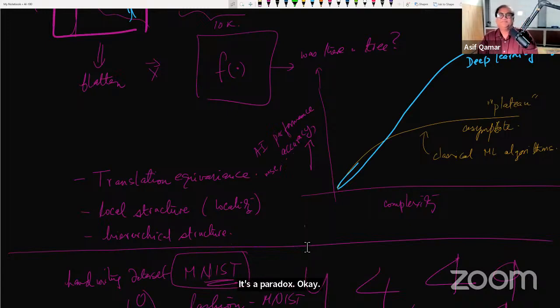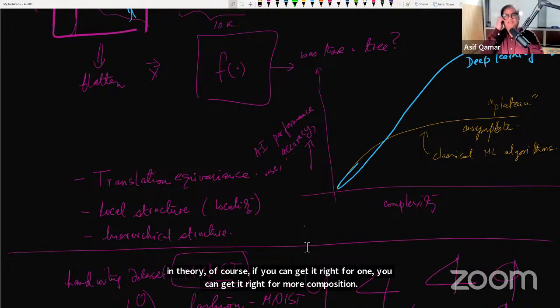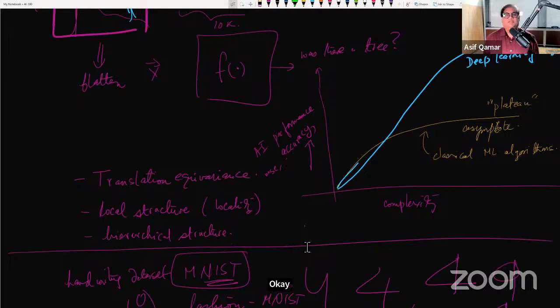But in this, you are showing only one number, right? One digit, yeah. Multiple we can give? Well, but in theory, of course, if you can get it right for one digit, you can get it right for more compositional properties. In the page 28 by 28, just one digit. No. You have to give only one digit.